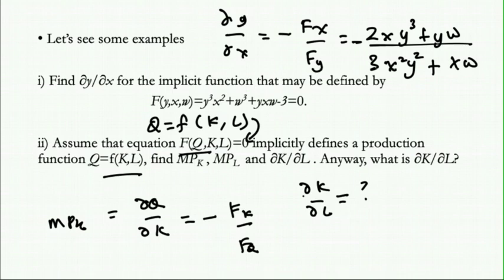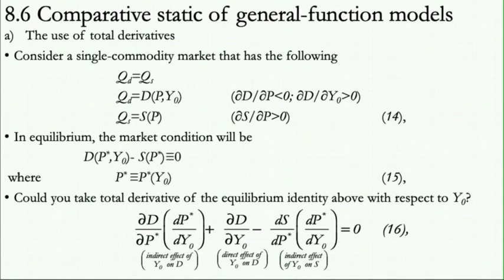So good luck. And okay, now we move to the last subsection of this chapter, which is comparative statics of the general function model. Now, from here we can see the use of total derivatives. Okay, so let's say we consider a single commodity market that has the following.